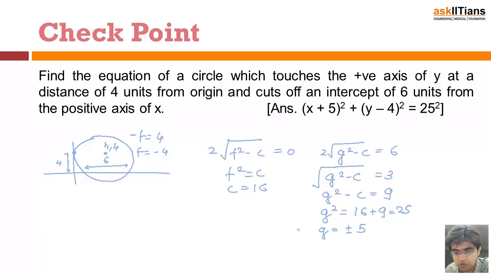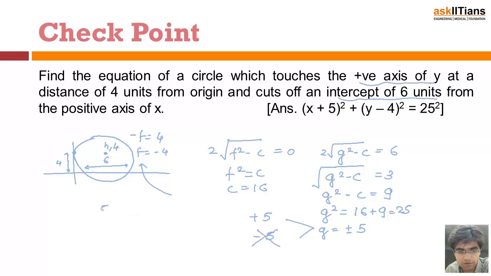Now there are two values of g. One is plus 5, other is minus 5. We have already located our circle in the first quadrant. So it cannot come in the second quadrant, because if g is minus 5, then minus 5, 4 will move into second quadrant. But because our intercept on x-axis and y-axis is on the positive side, that means we have to neglect this minus 5 as an answer.